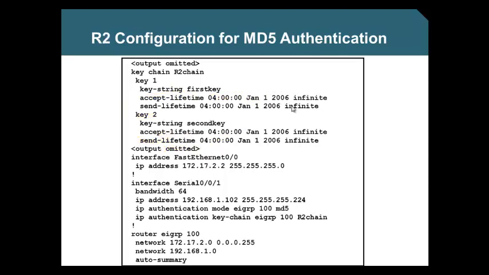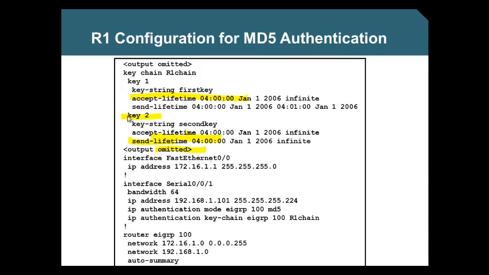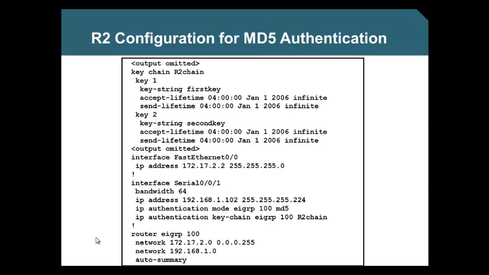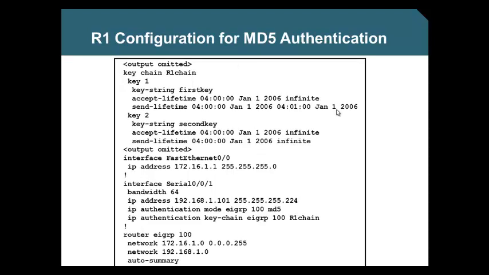If both are sent for infinite time, that is true, but only key 2 will be accepted by R1, and whatever R1 sends will be accepted by R2. Only key 2 has acceptability on both sides. Key 1 does not. So authentication won't come up in the key 1 scenario. Key 1 is not a right example. This configuration is not correct. That's a wrong configuration. They're just showing you that you may have a mixture of infinite and time frame.